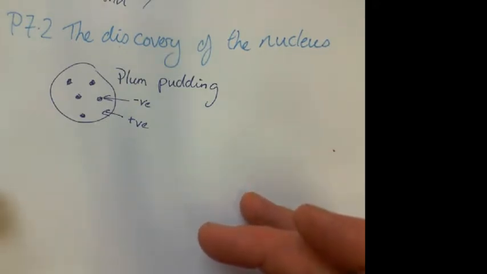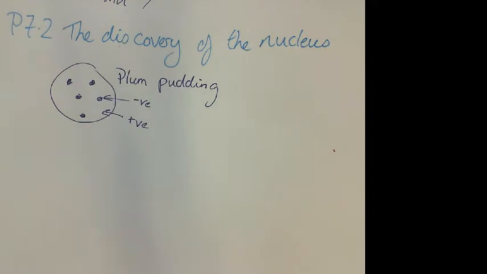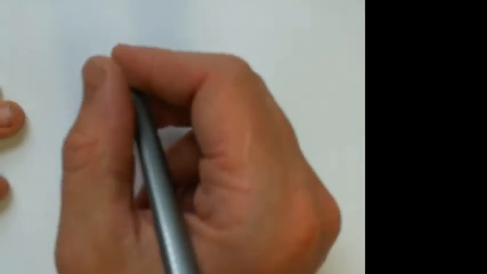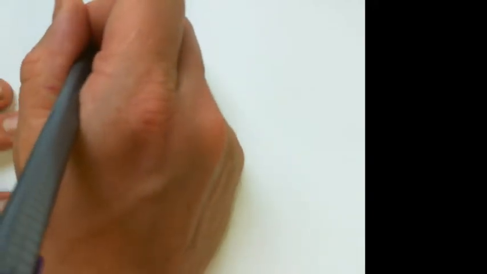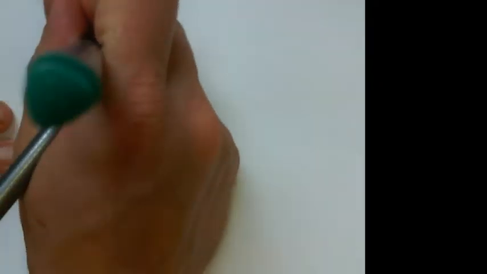Then what Rutherford did was he looked at a type of radiation called alpha radiation that we mentioned last lesson. Now, alpha radiation has got two positive charges and two neutral charges.